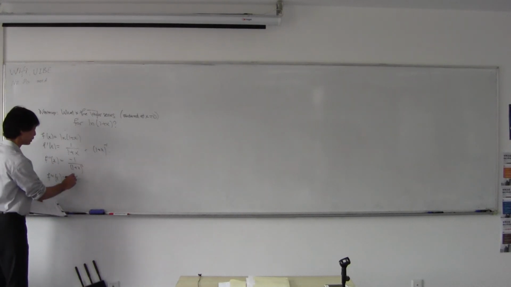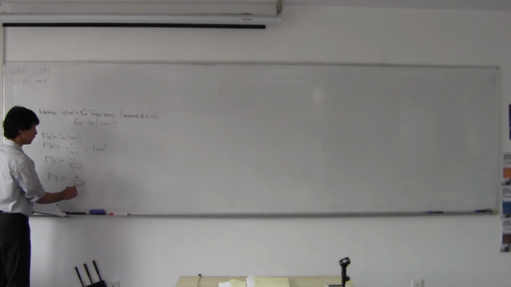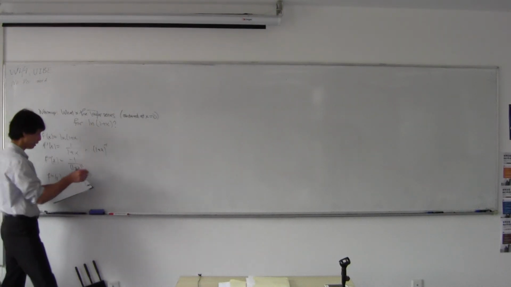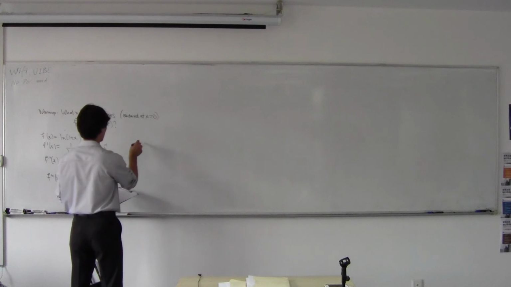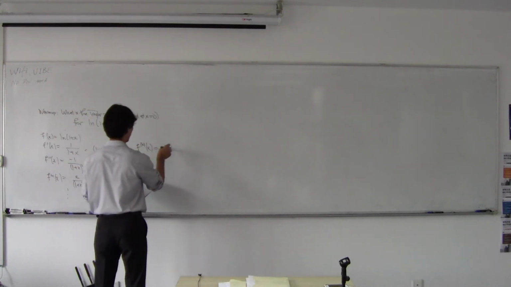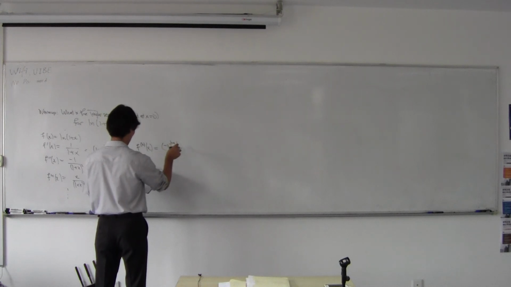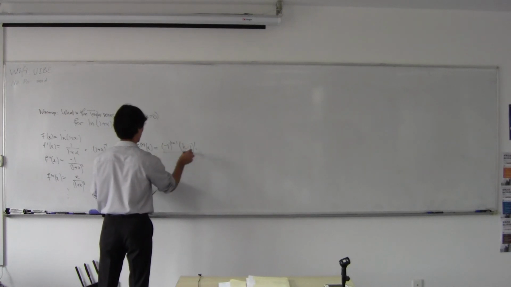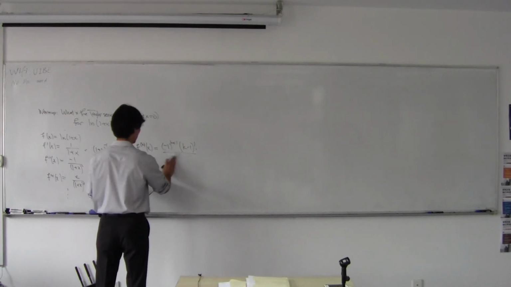2 over 1 plus x cubed, right? And so on and so forth. So the kth derivative is going to be negative 1 to the k plus 1 times k minus 1 factorial over 1 plus x to the k.